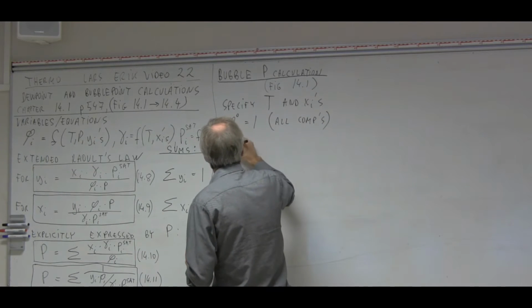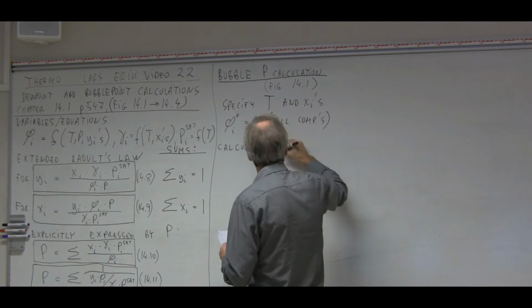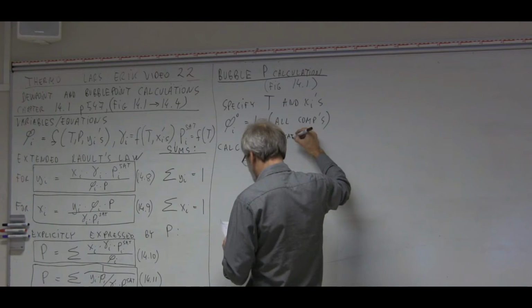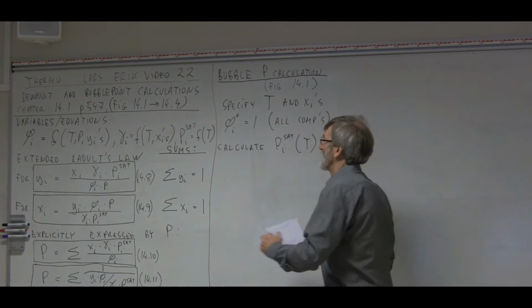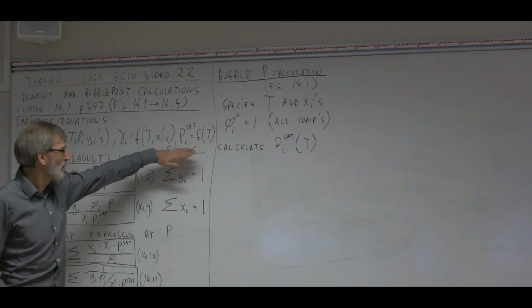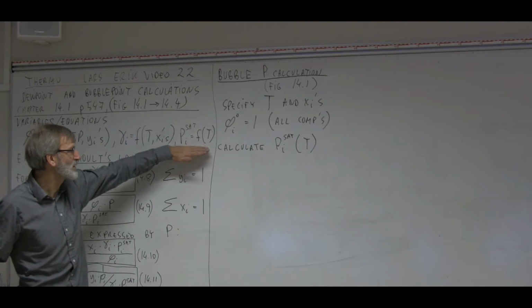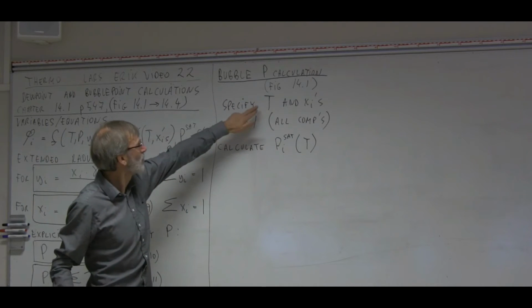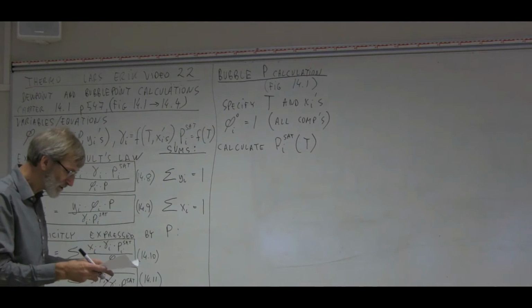Then we calculate the saturation pressure as a function of temperature. We assume that we have an equation for the saturation pressure for each component, and when we know the temperature, we can calculate these saturation pressures.